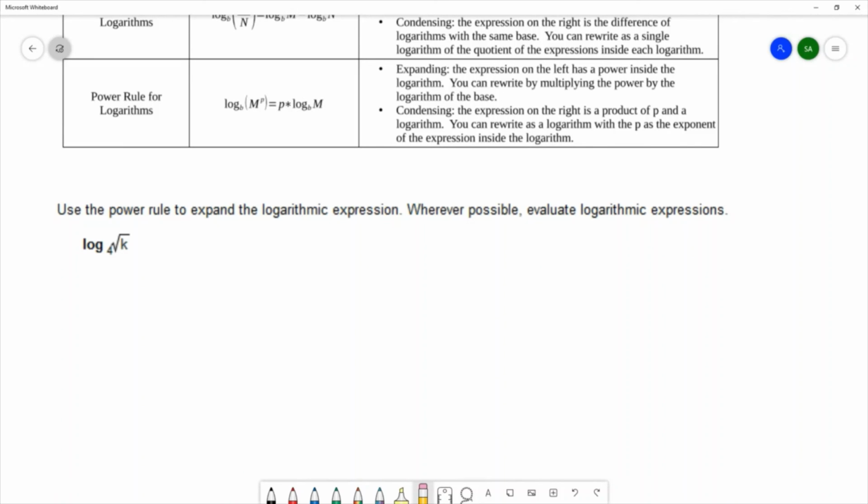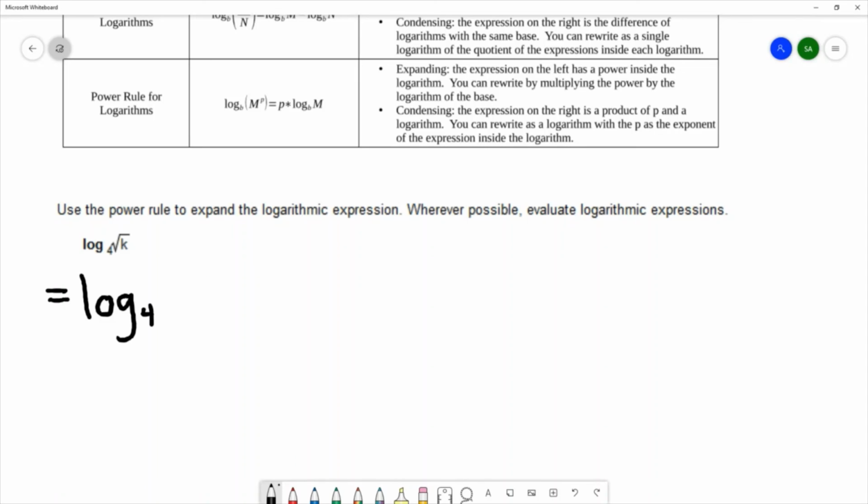So this is what we want to do with our example. However, if we look at our example, we don't currently have a power inside of our logarithm. We have a square root in our logarithm. So one of the algebra properties that we need to remember is that every radical can be written as a power.